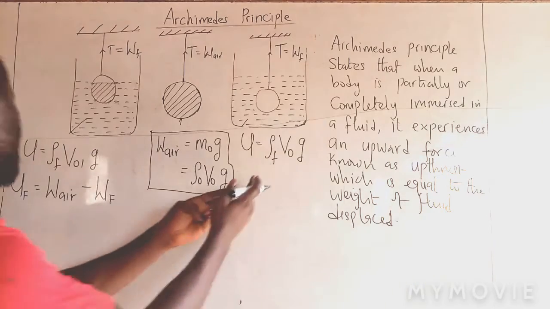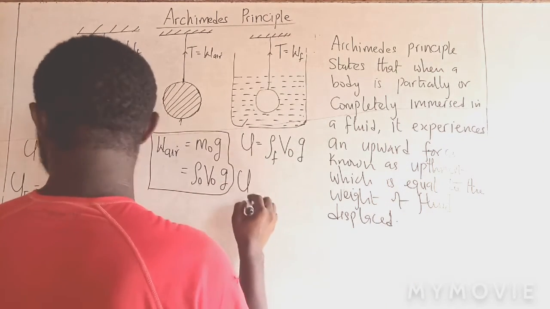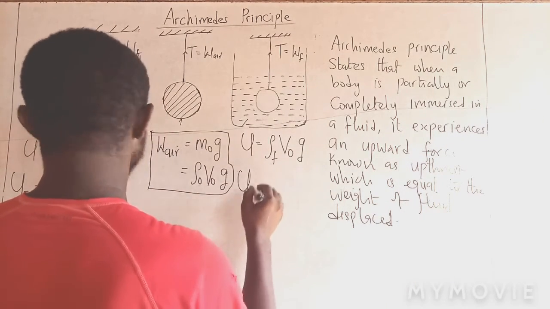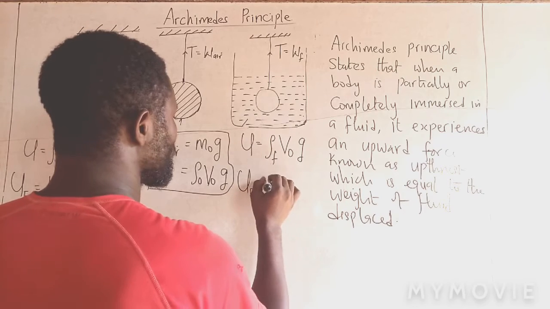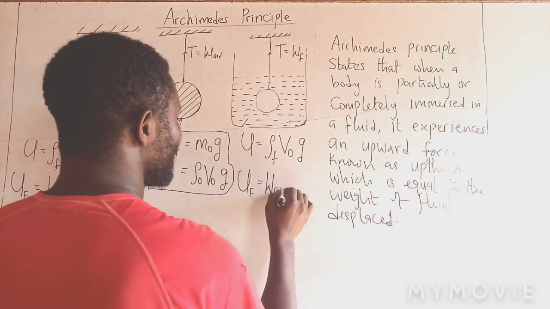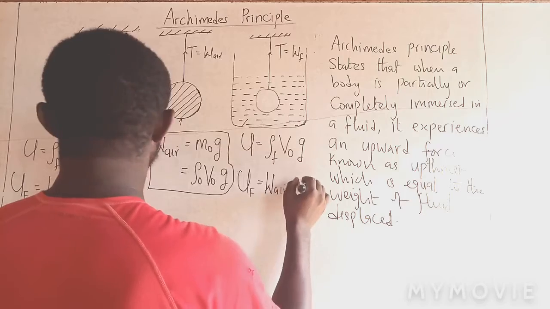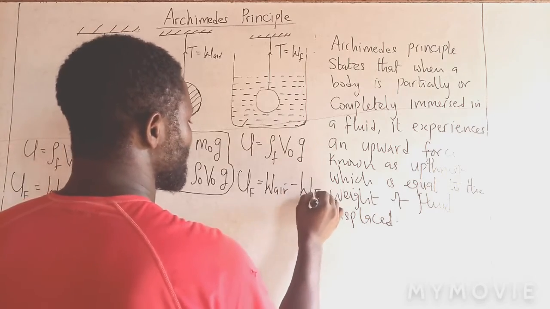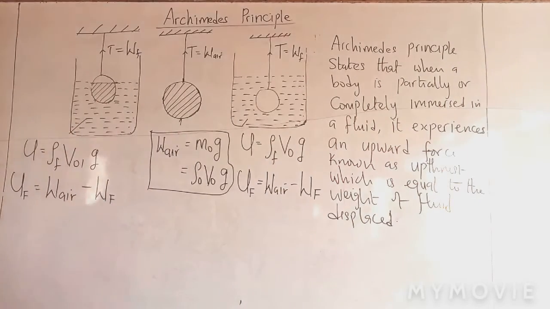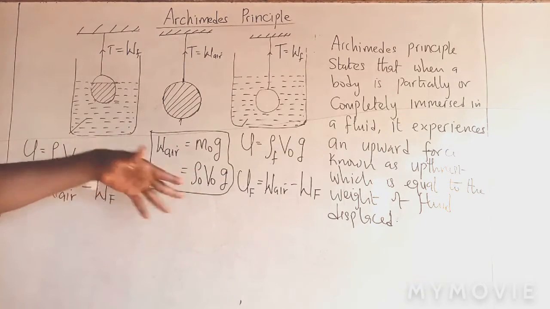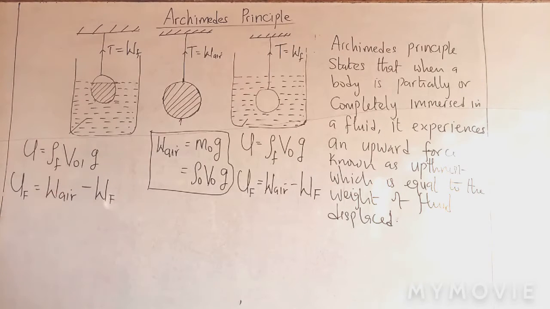The same thing is applicable here. Upthrust in fluid is equal to weight in air minus weight of object in fluid. So these are the major formulas that we need to use here.